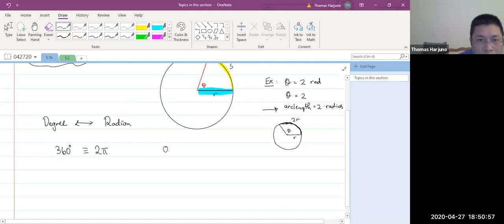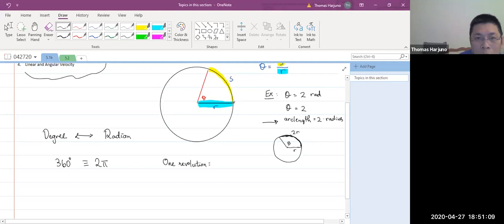One full circle, one revolution, or one cycle. Imagine if you go one full circle. So from here, you go one full circle. Then the arc length will be 2 pi r, divided by r.